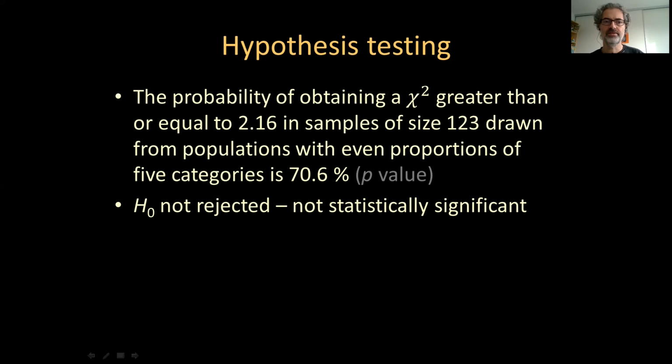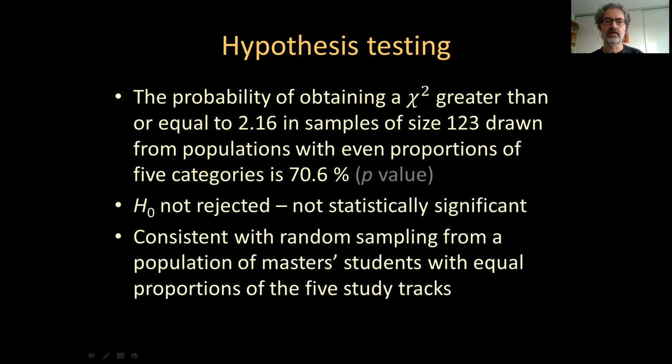The null hypothesis is not rejected. It is in fact quite expected to find differences in proportions such as the ones observed in this student sample if we assume that there aren't any differences in proportions in the relevant population.